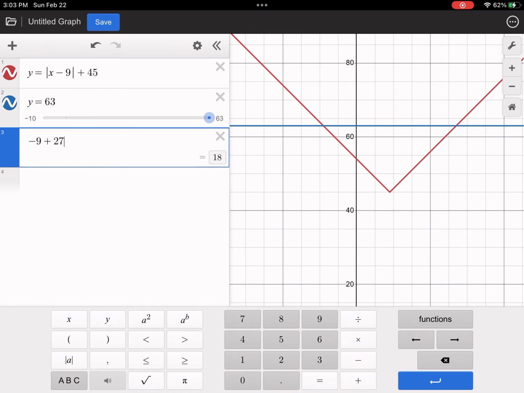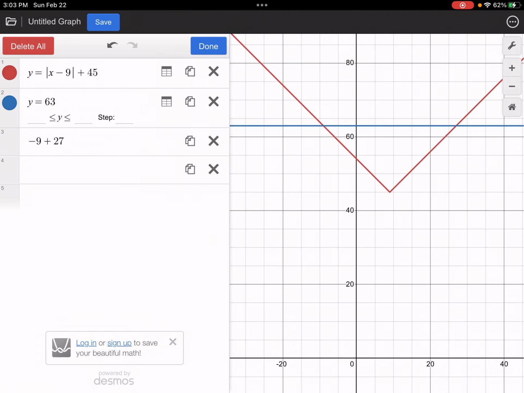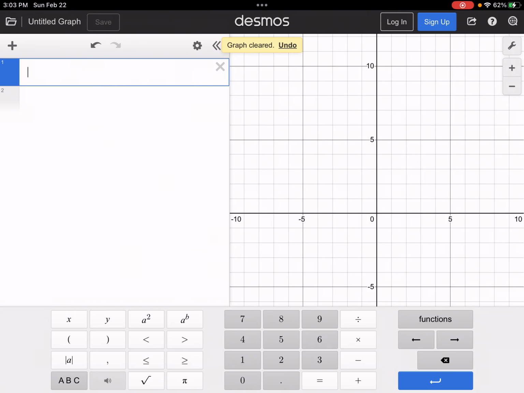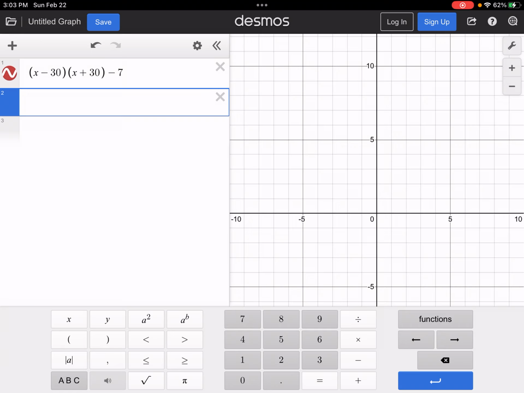So we have parentheses x minus 30 and x plus 30 and minus 7, and the next one is y equals negative 7.